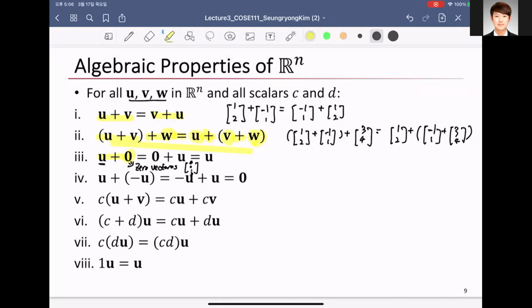Anyway, u plus the zero vector is equal to the zero vector plus u, which is equal to u, right? It's very straightforward. One more thing is that u plus negative u is equal to negative u plus u, which is equal to 0, right? And c times the quantity u plus v is equal to cu plus cv.